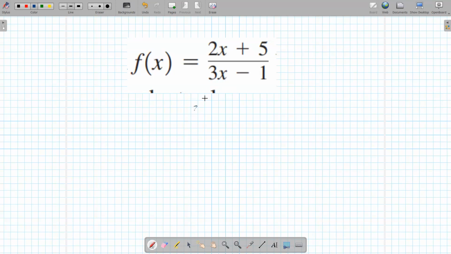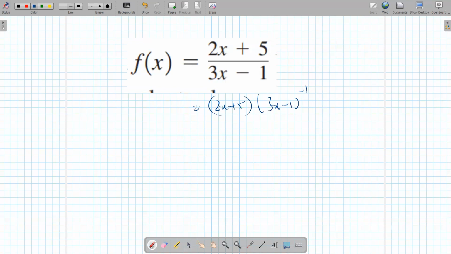What you need to do is bring the 3x minus 1 upstairs. If you bring that upstairs, what do you get? Negative 3x? No. Only the exponent is negative, like this, right? The actual term does not change. It's the exponent that changes.